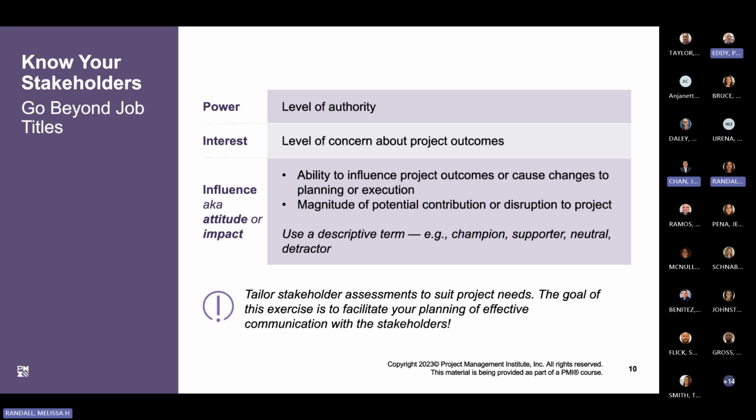Then we get into interest. One other thing I want to say about level of authority: it is delegated to the person by a formal means. In PMI's world, that usually means the project charter is what has given that person the power, that level of authority. Remember, in PMI's world, the project manager has authority, and most of the people in a project-oriented matrix report to the project manager.